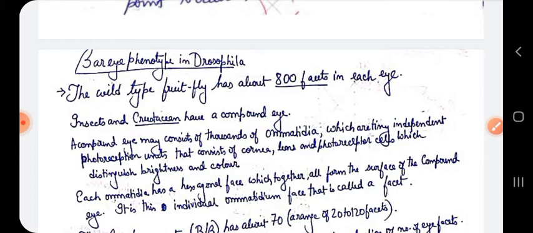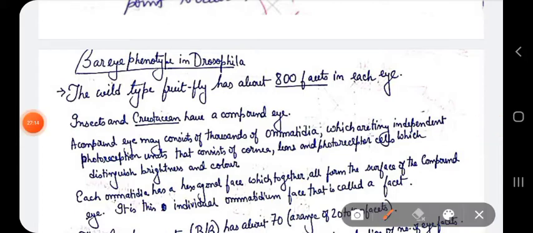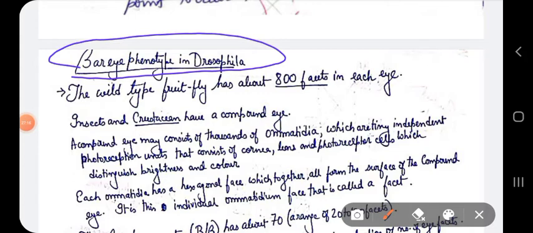And one example of such a phenotype that occurs as a result of duplication is this bar I phenotype in Drosophila. Now, what does this bar I phenotype mean?